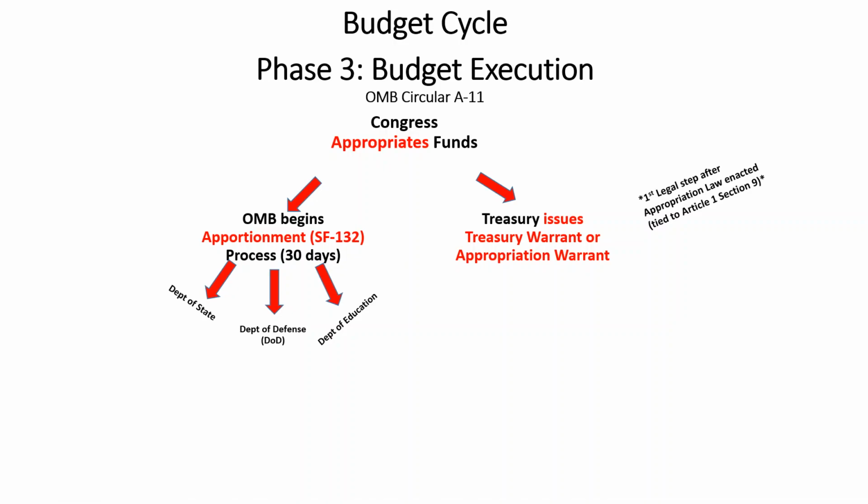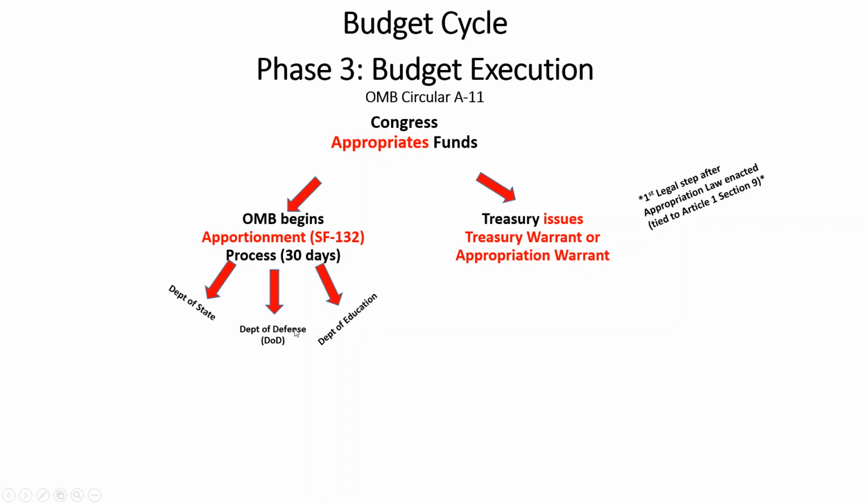So it's kind of like saying, Mother, may I, Dad, may I have my money? I know that you said I'm going to get an allowance for X amount of dollars. Can I have my money? So agencies submit the SF-132 within 10 days of the appropriation law. And then OMB has 30 days, you see here, to act on it, to send the money to the agencies.